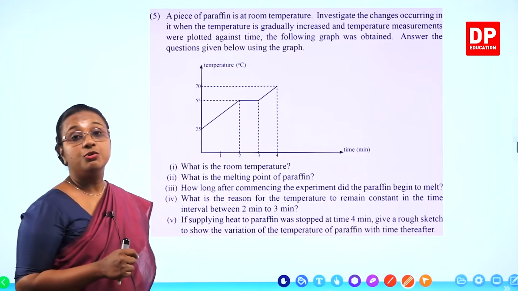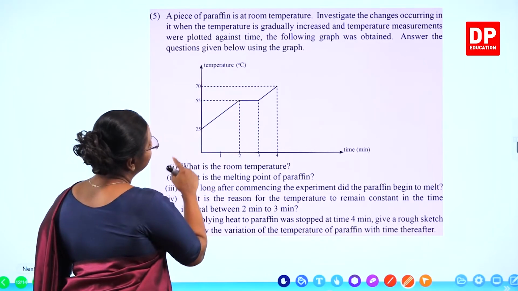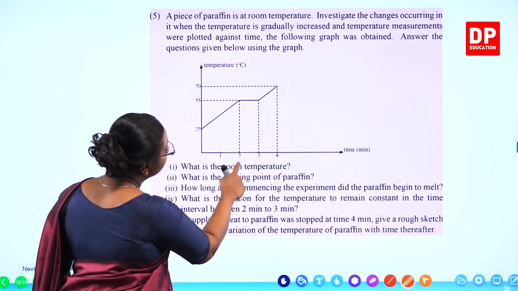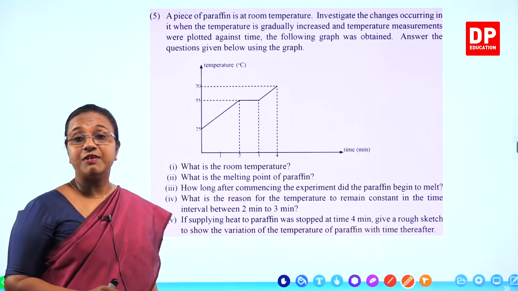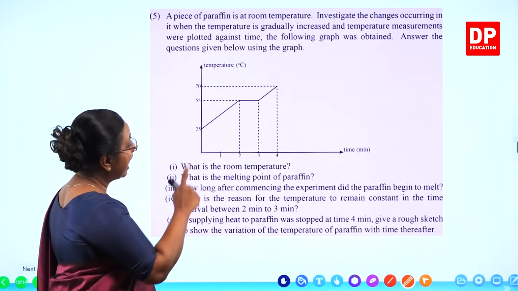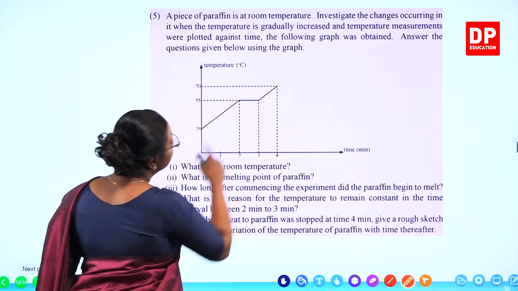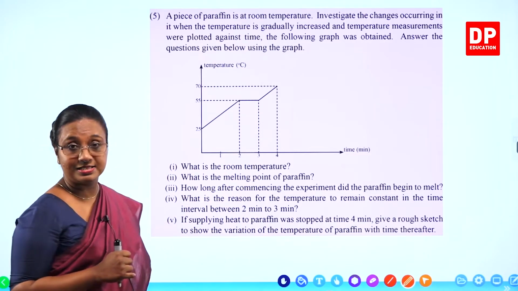So that is the room temperature. Then what happens? They increase the temperature by providing heat. You can see at the end of 2 minutes, the temperature becomes 55 degrees Celsius. And thereafter, from 2 to 3 minutes, the temperature remains the same, again 55 degrees Celsius.